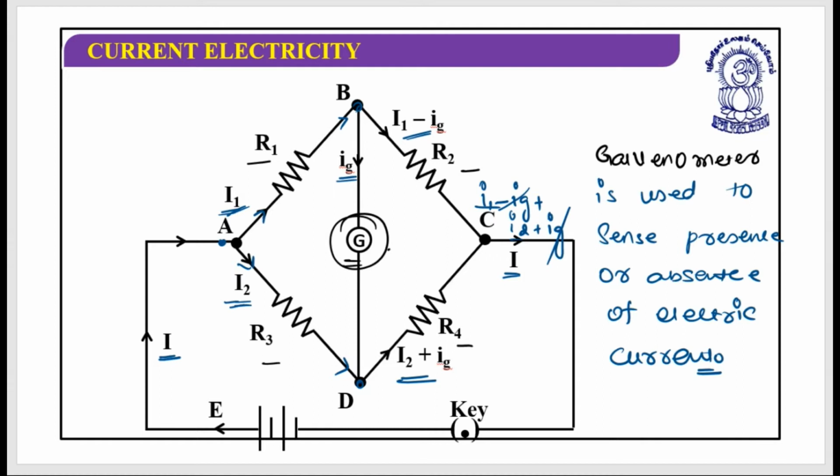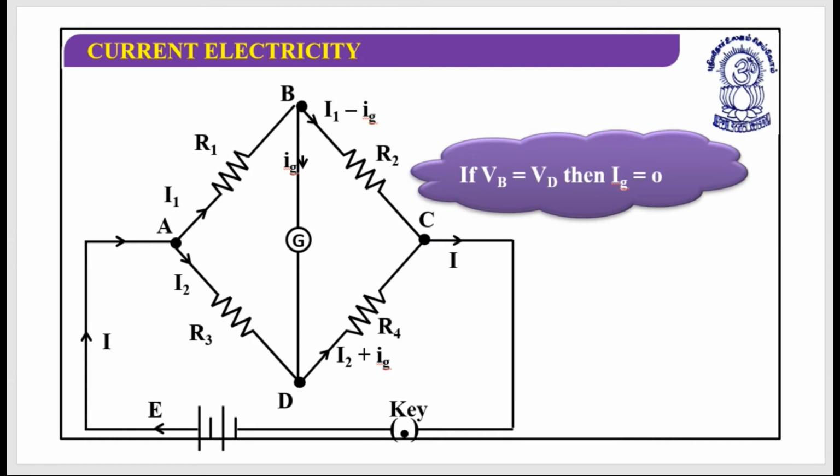Any doubts? No? So this is just the circuit diagram, and we say that if the potential at B and the potential at D are equal, if VB equals VD, then IG equals 0.